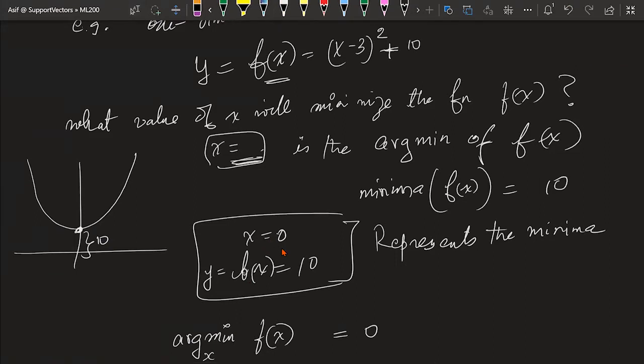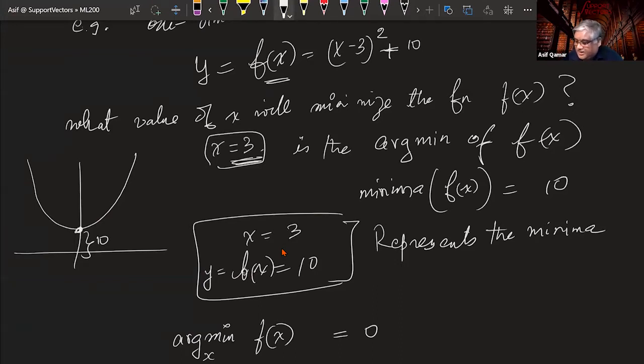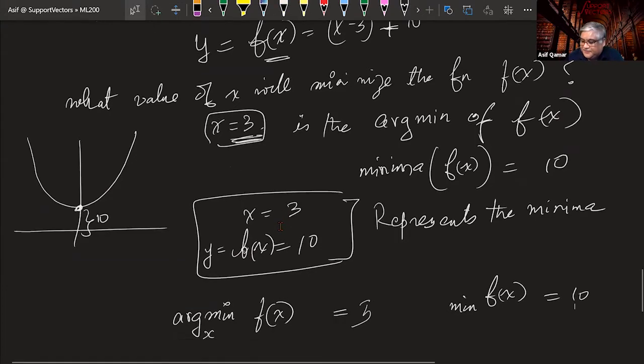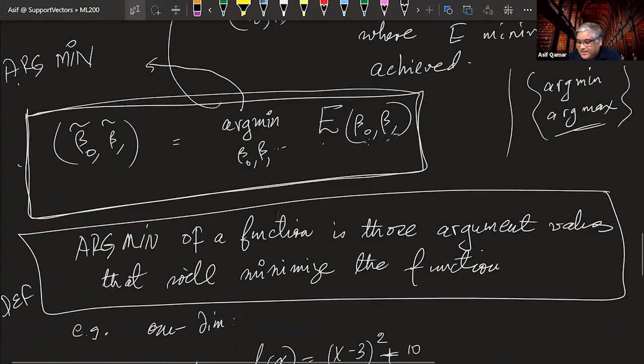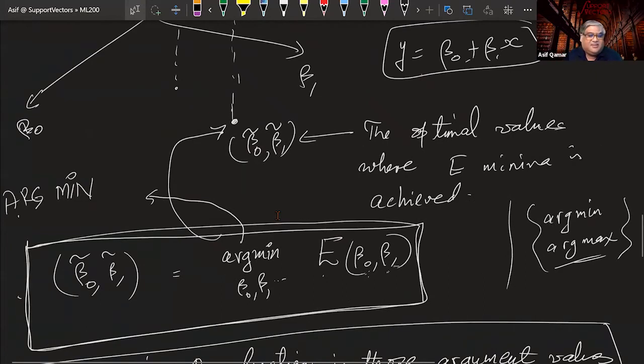I don't want to use 0 here because 0 is special. So arg min would be 3 here, and on the other hand, the min of f(x) would still be 10. That's the concept of arg min, guys. Now let's bring it back to our real life. What we are searching for are those parameter values, beta naught, beta 1, that will minimize our error term.